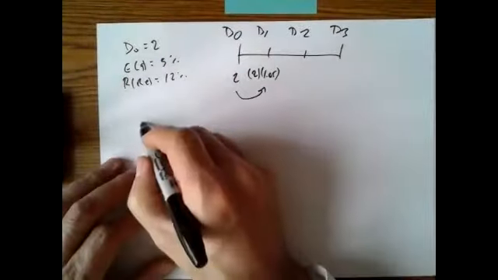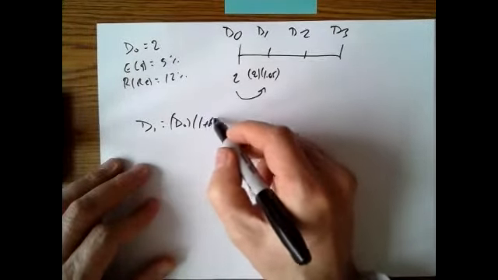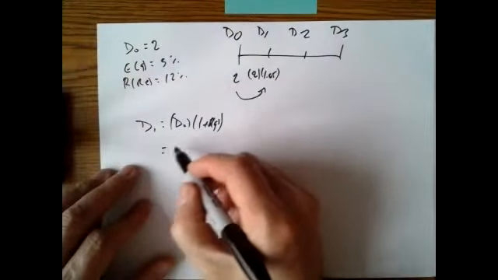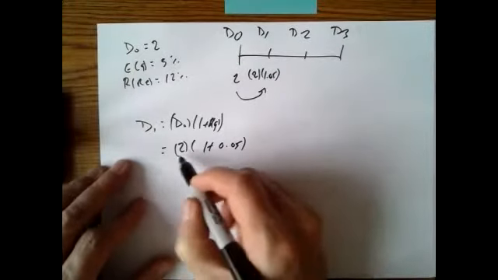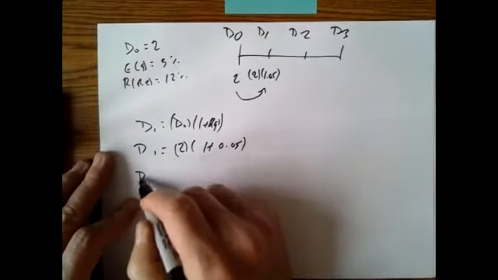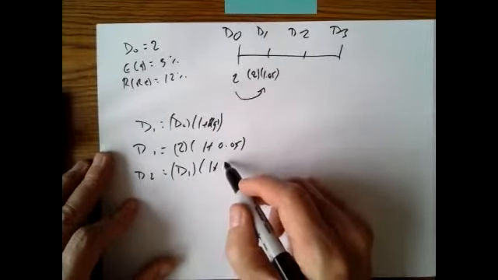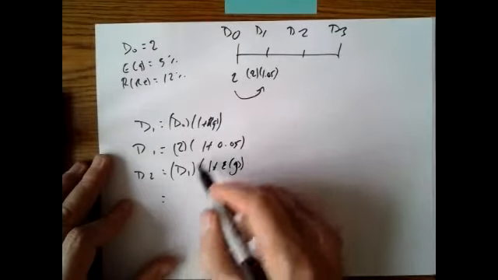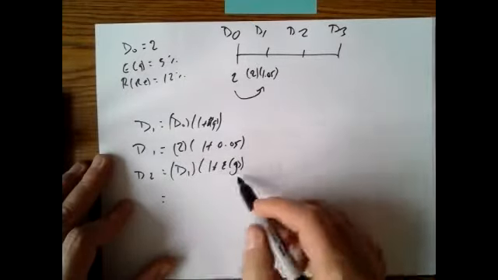D1 is equal to D0 times 1 plus the growth rate, so D1 is 2 times 1 plus 0.05. Then D2 is D1 times 1 plus the expected growth rate, and D1 is 2 times 1.05.